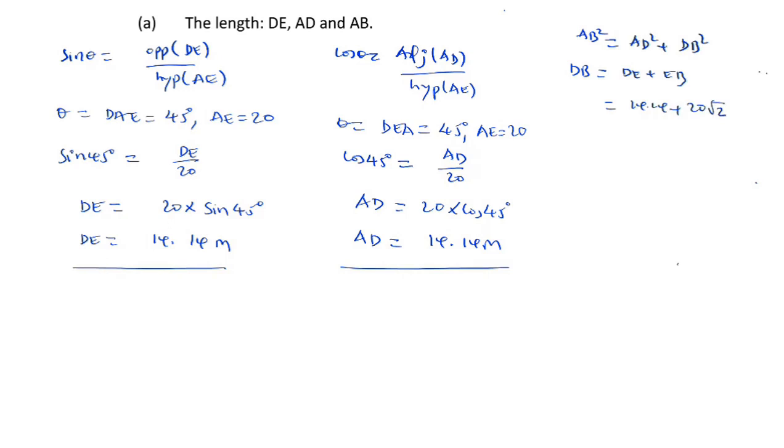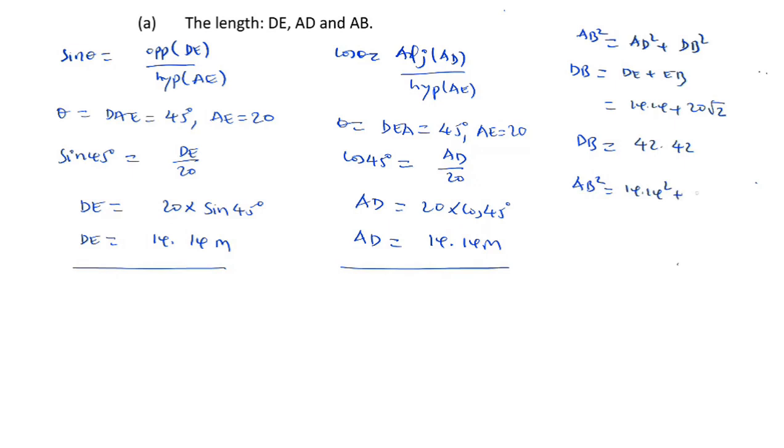Reading the value of root 2 from the table and summing this expression, we are going to have DB equals 42.42.